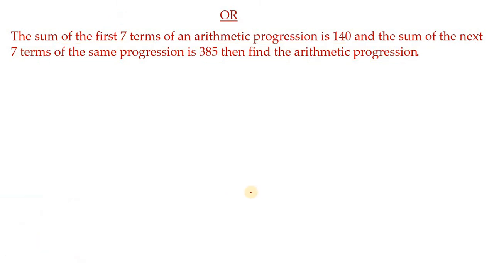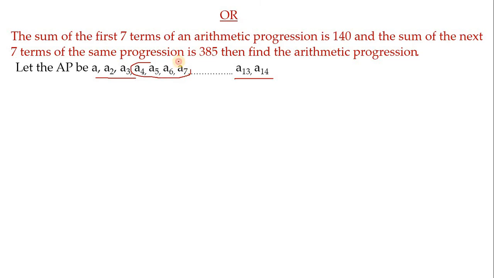So for that let us consider the arithmetic progression generally. So from A1, A2, A3 and so on till A14 you have to take, children. Here I have taken many terms. No need to take many terms. If you take 2 or 3 terms in the beginning, that is enough, and if you write the last term also, that is enough. But how do I come to know that there are 14 terms only in this arithmetic progression?